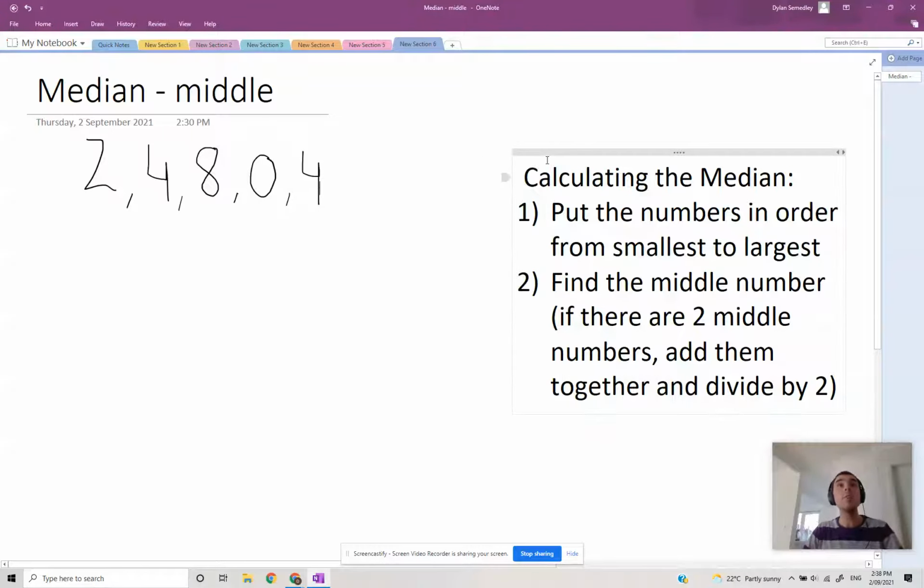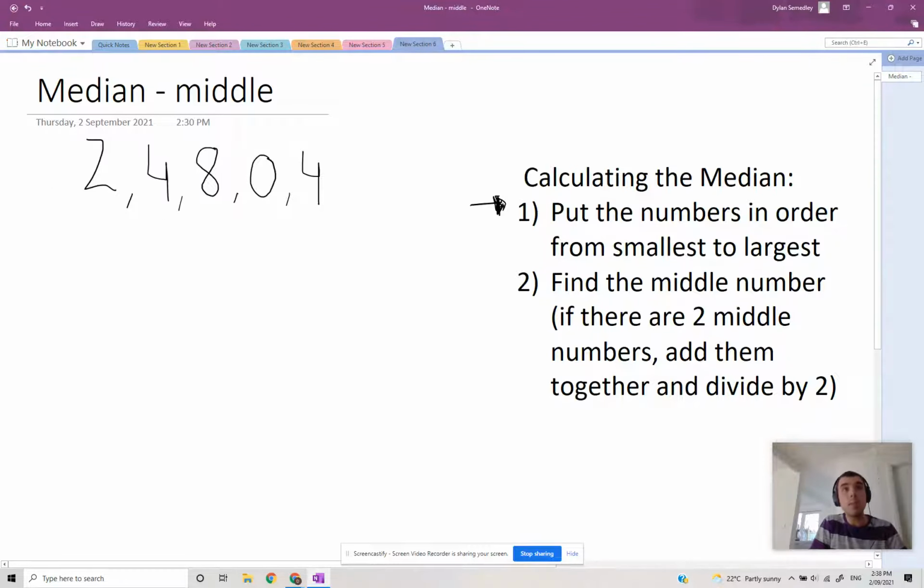So if we're trying to find the median, we're trying to find the middle number. What's the typical number of Weet-Bix that Mr. Smedley has? Well, the first thing we have to do is put them in order from smallest to largest. And when I looked back on the results for the quiz, a lot of people forgot to do this. They just went in, they found the middle one, but they hadn't put it in order first.